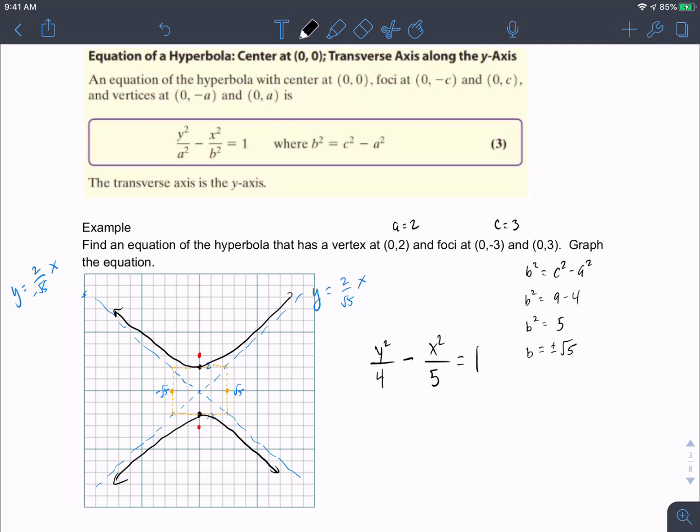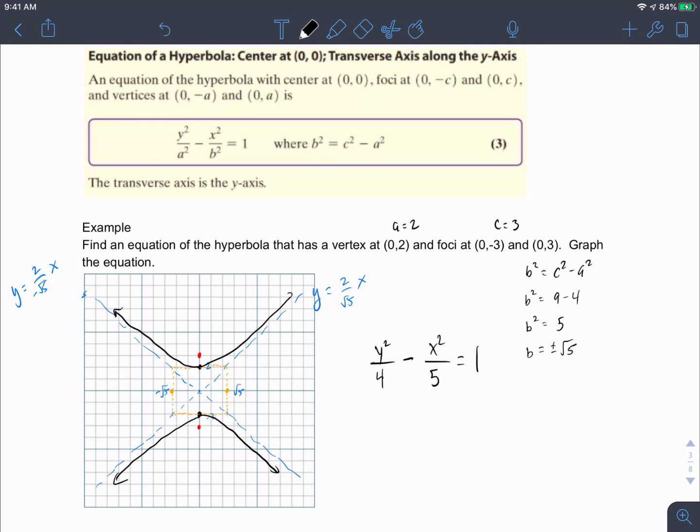So one of the things when we're writing our asymptote equations, it's going to be the negative square root of 5 over 2. So it's the negative values, the 1 over the negative number. So in this case we have x squared, it's negative.